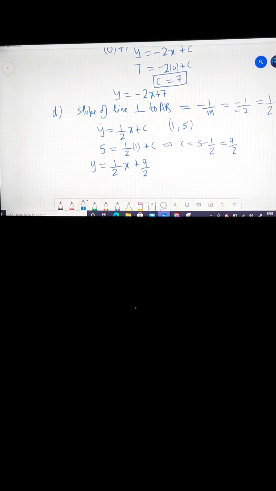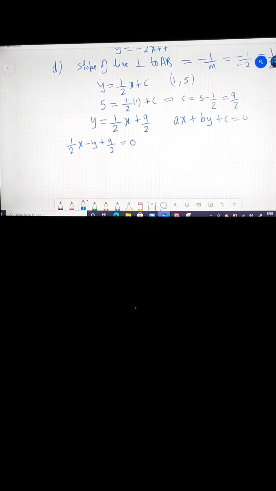Now the question has specifically asked us to give the equation in this form, ax plus by plus c equals 0. So bring everything to one side. So what will happen? We will have half x minus y plus 9 by 2 equals 0. And we want it in this form a, b and c.